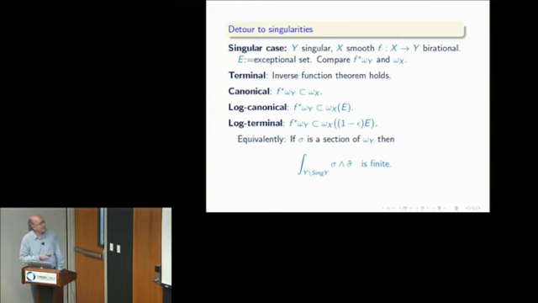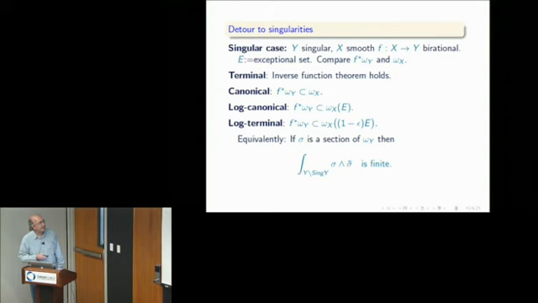Now then there are 2 classes, and so here this f upper star omega y is not contained in omega x. It is something larger, but if you pull back this omega y, it picks up at most simple poles. So this E, everything comes there with multiplicity 1. So the pullback has at most simple poles.